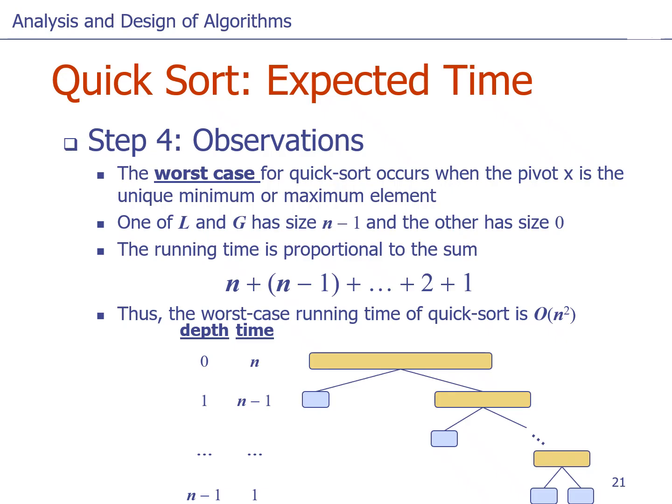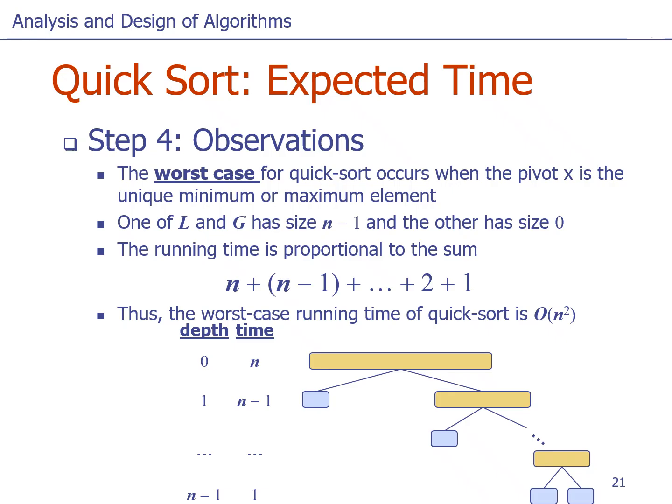And then again you go and pick in the next invocation of the algorithm the first element to the left, and again you go into the same scenario. You're going to have the 3 alone as the pivot, the L is empty, and 4 to 10 is in G. Okay?